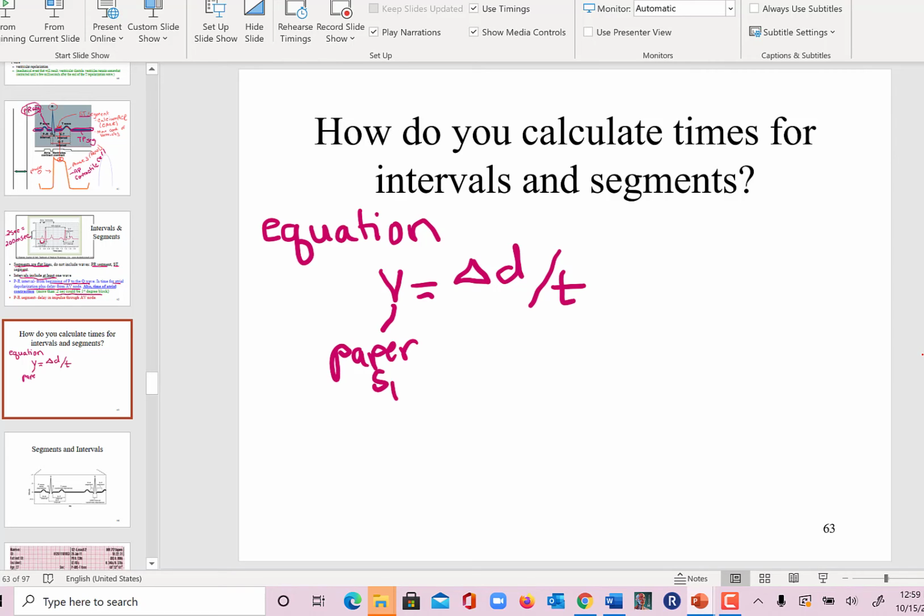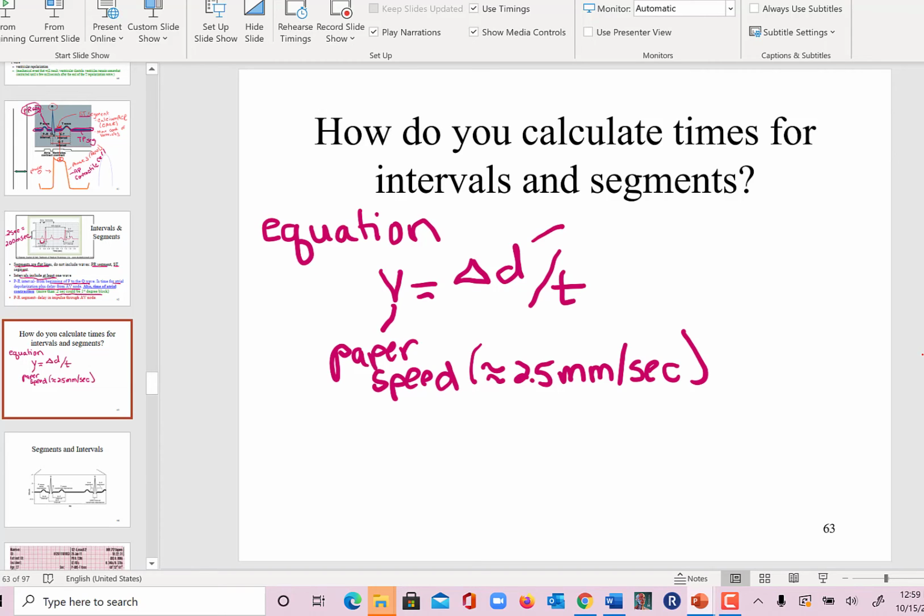Do not assume paper speed on your exam. We will have to give that to you. A typical paper speed is about 25 millimeters per second. Again, do not assume. In order to deter students from cheating, we might give you all different paper speeds to use.